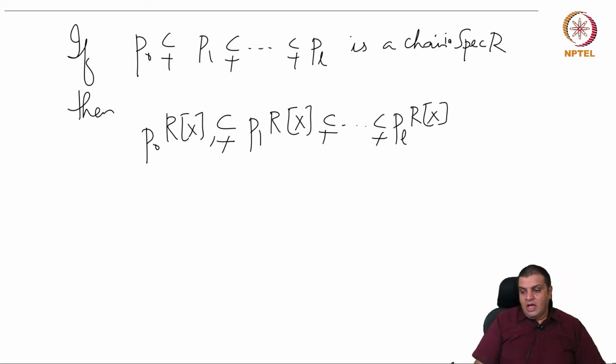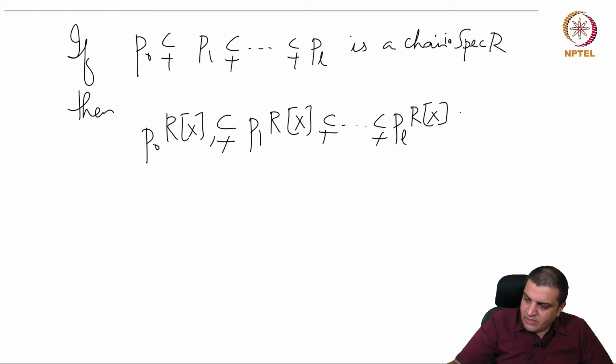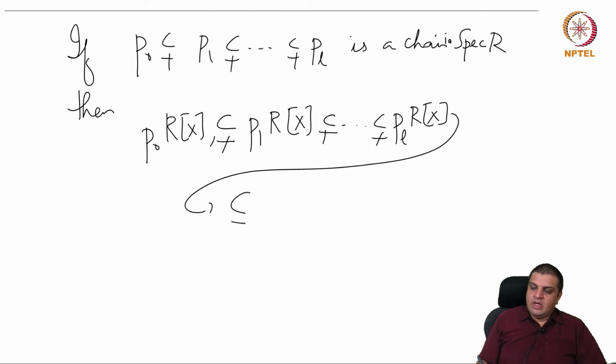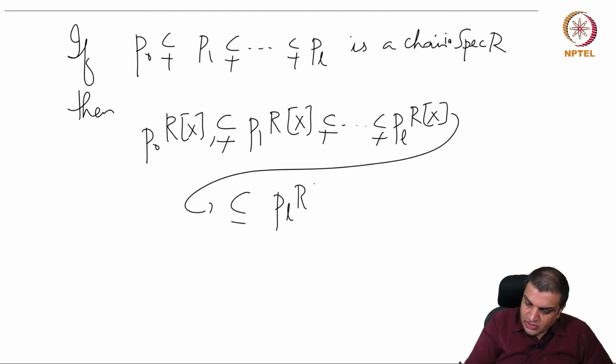And we can add one more element and make it one larger chain. You take PL extended to R[X] and the ideal generated by X.